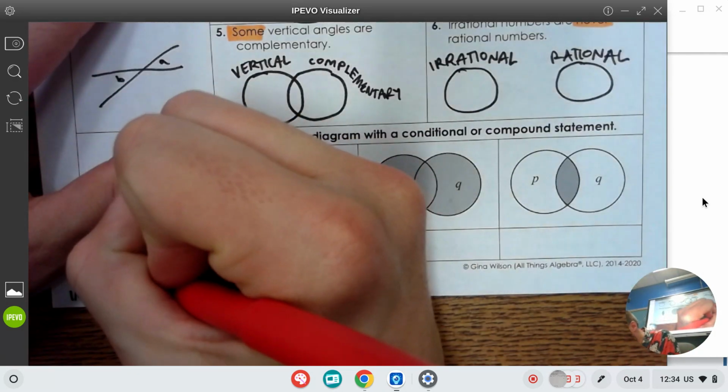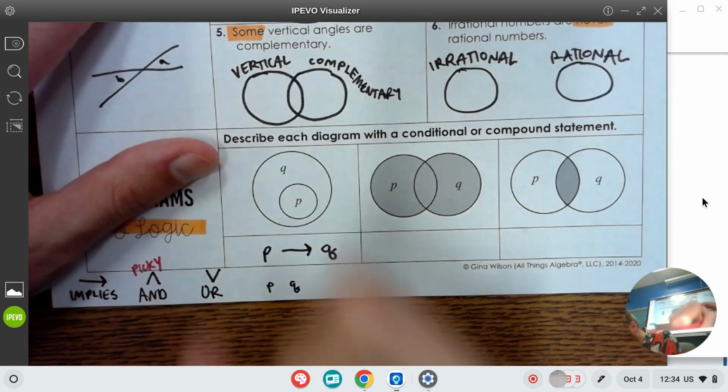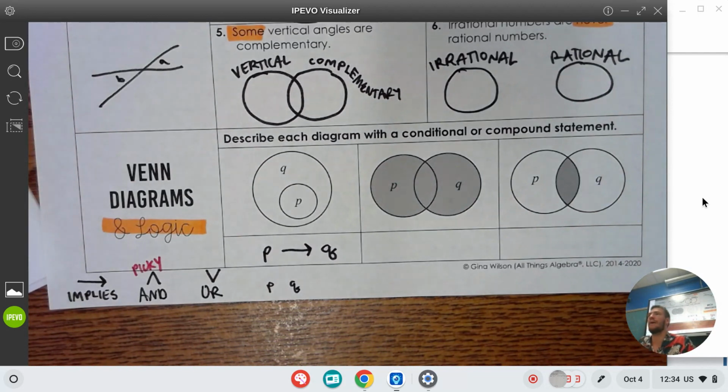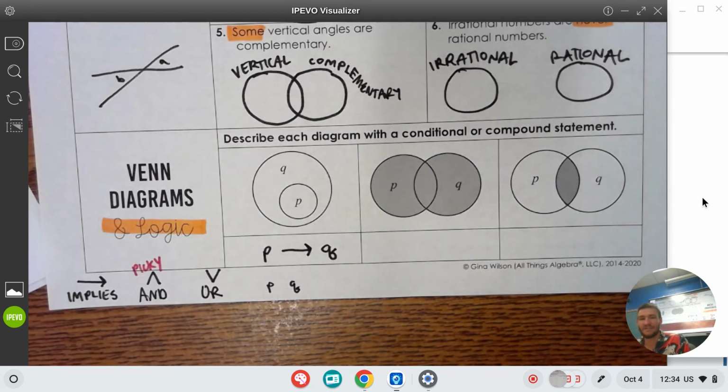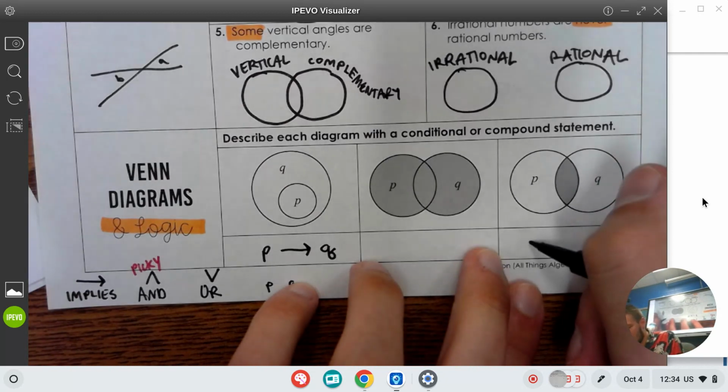And is very picky, okay? And what do we know about and? You have to be both, right? So pause for just a second. If and is very picky, and we know that and means you have to be both, it has to be this one.